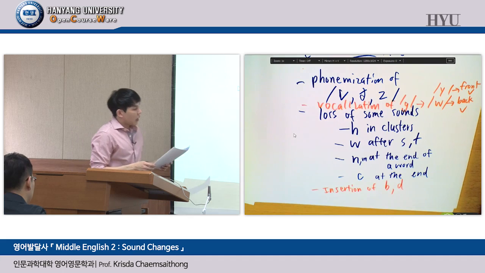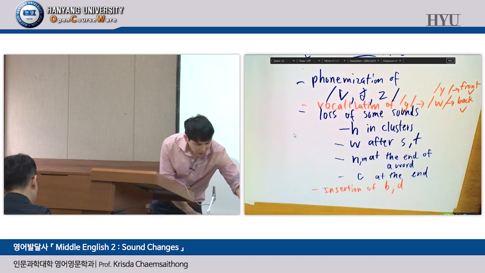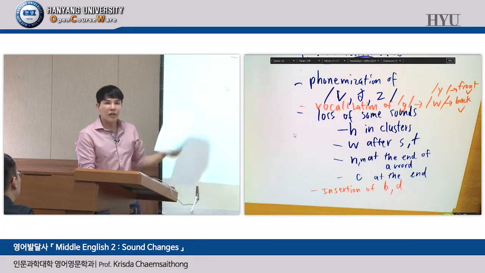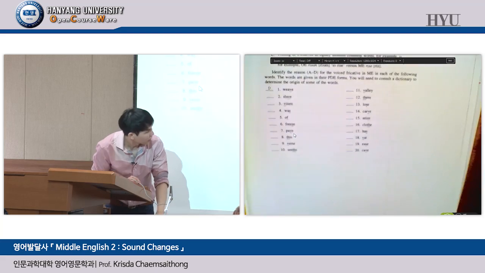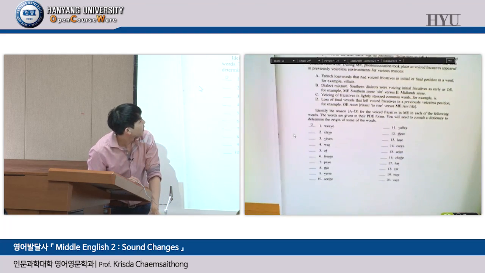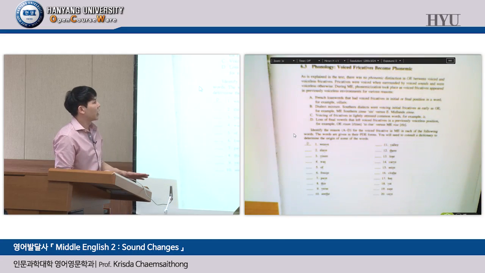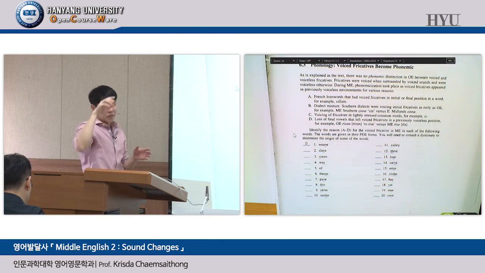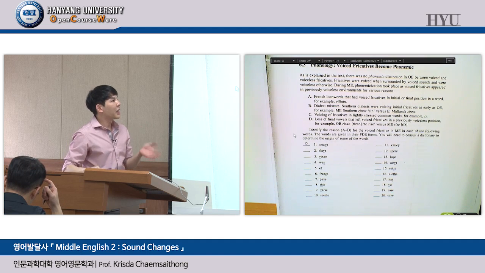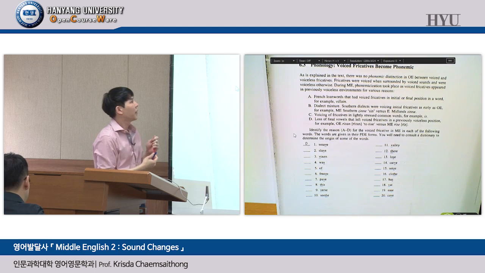Now, let's see. Everyone has a copy of the handout today, right? So let's go over the first page. The first page talks about the phonemization of F, V, Z, and then the voiced TH, right?